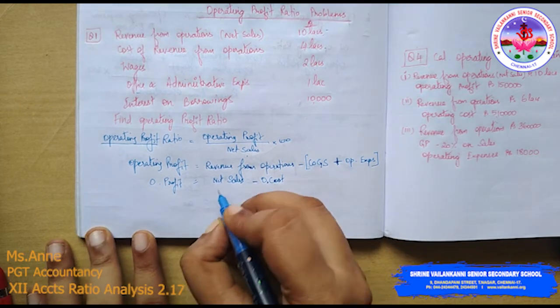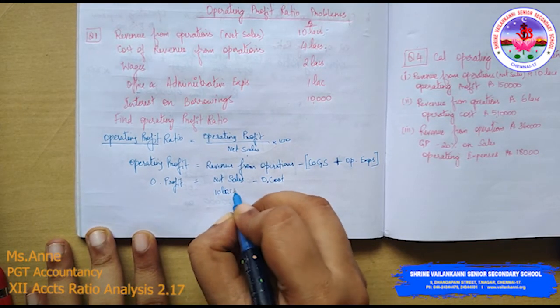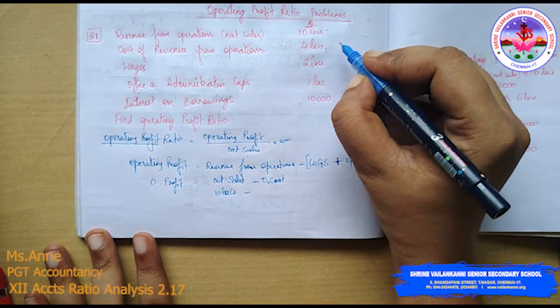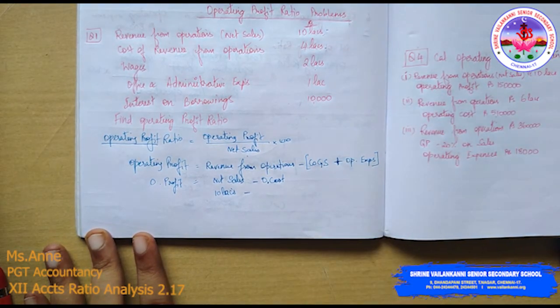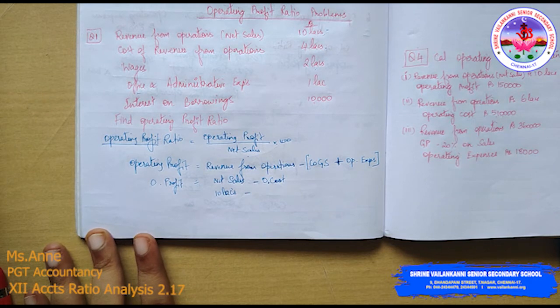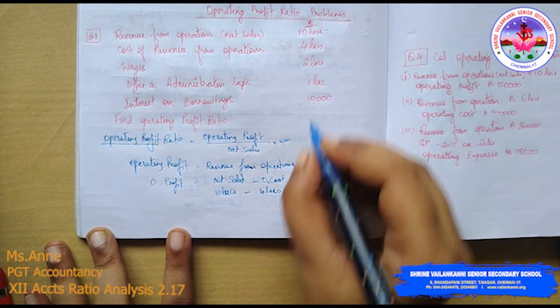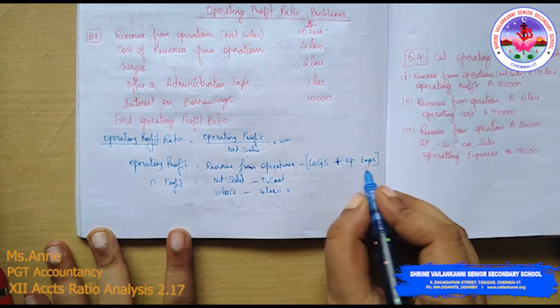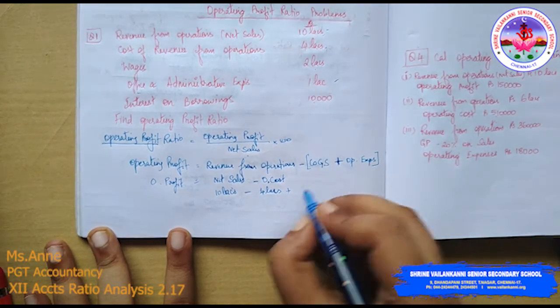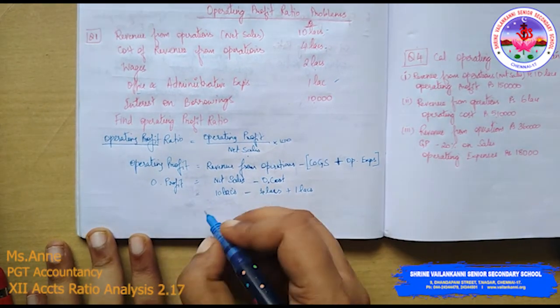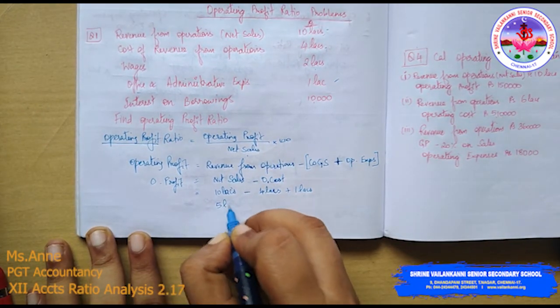So what is net sales? 10 lakhs. What is operating cost? Cost of goods sold plus 4 lakhs plus other operating expenses of 1 lakh, which means 5 lakhs. So operating profit is 5 lakhs.